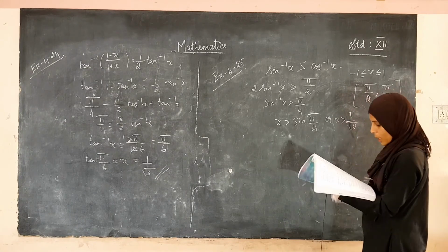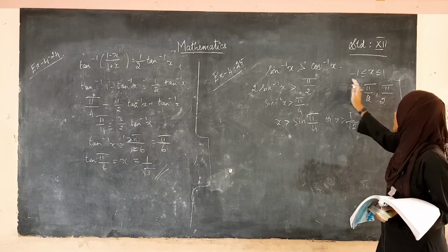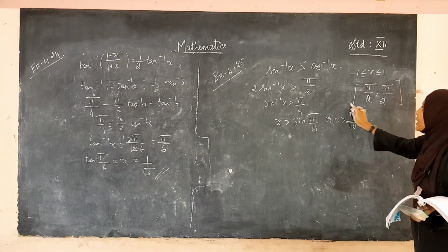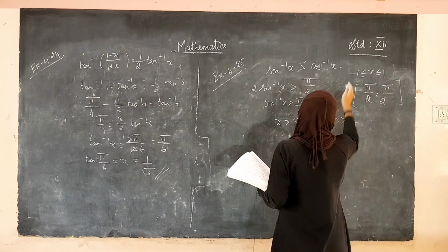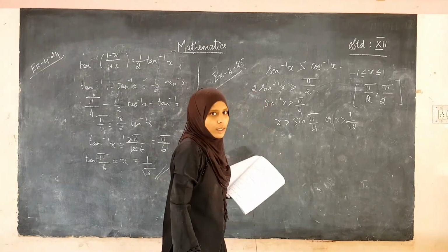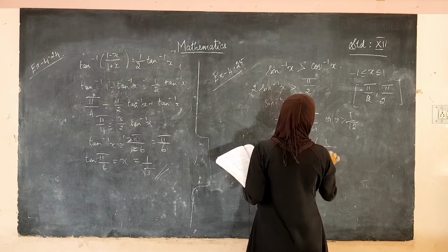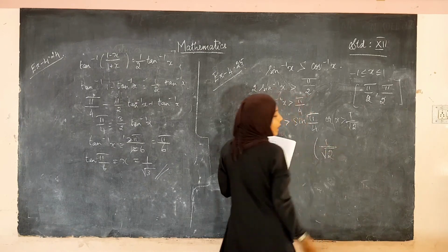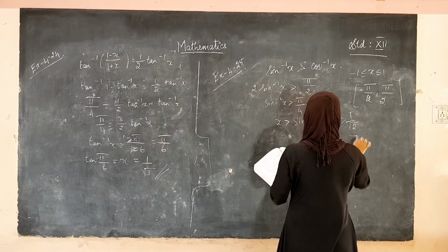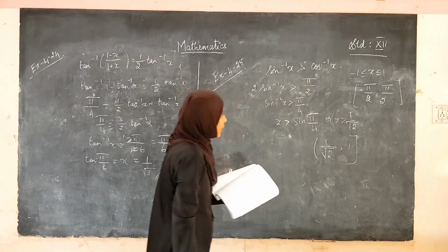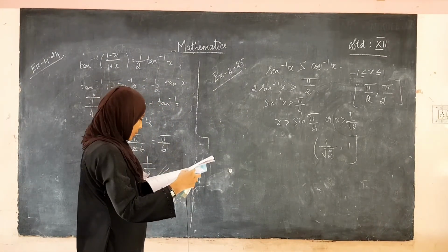Therefore, here the range is from minus pi by 2 to pi by 2. But here, x is greater than 1 divided by root 2, whereas the original domain is minus 1 to 1. The domain is reduced to 1 divided by root 2. See here, this is not greater than or equal to, it is just greater than. Therefore, the domain is 1 divided by root 2 comma 1. Okay, this is how the domain of the function reduces.